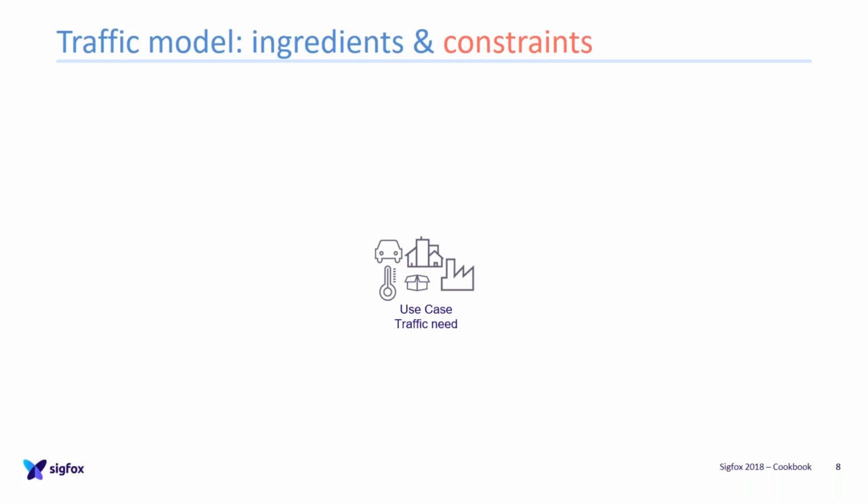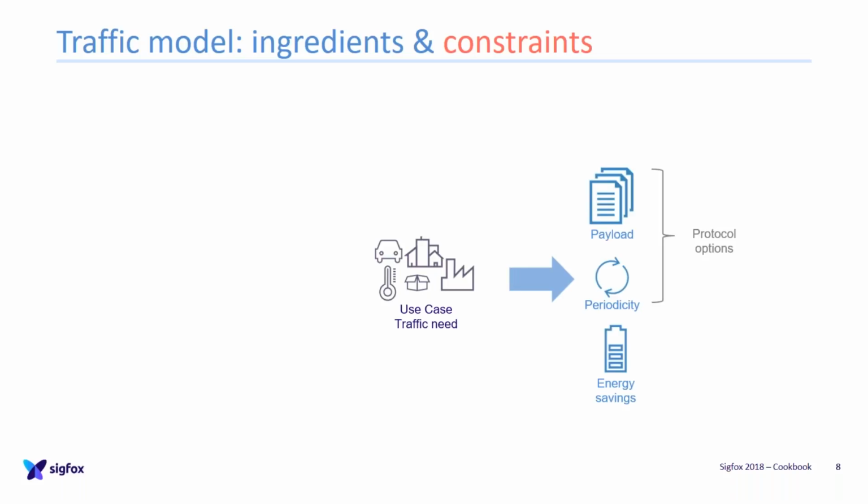Now, this, of course, when it's used over Sigfox protocol, it results into configuration of the library, let's say, of the embedded software of your device. And it all falls back to how your payload will be managed, the payload of the messages, let's say, the periodicity or the triggers of the transmissions.